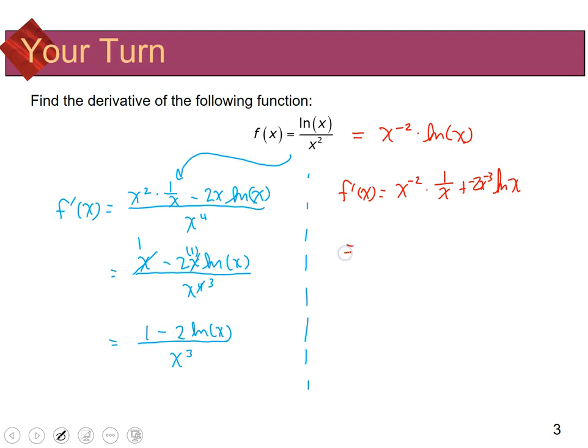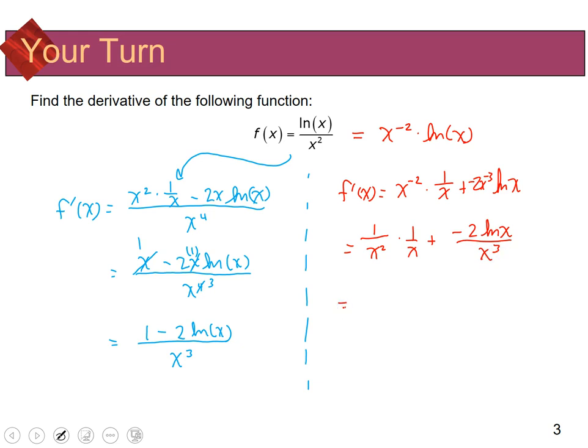So with some simplifying, x to the negative 2 is 1 over x squared times 1 over x plus a negative 2 times the natural log of x all over x cubed.